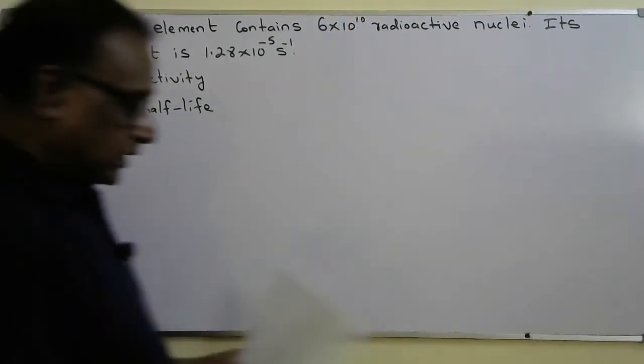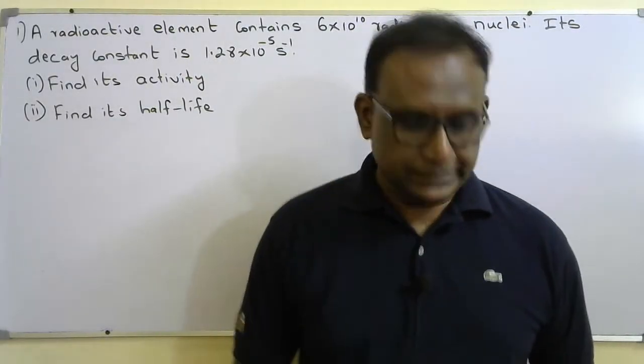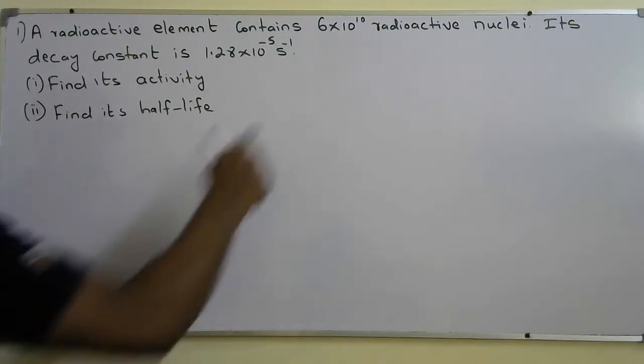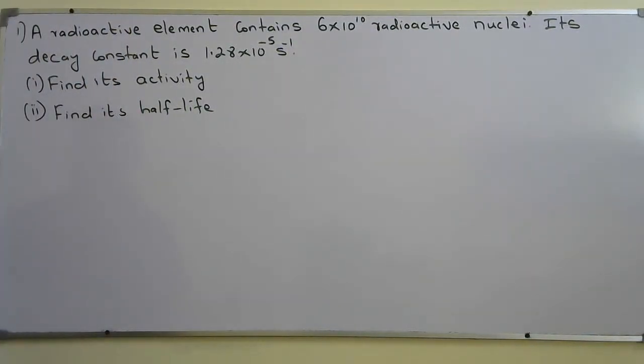Okay, so we'll do a few exam-type questions. This is the first question. They asked to find the activity. The radioactive element contains this many nuclei, so N is given, then lambda is given. That's a very easy question.